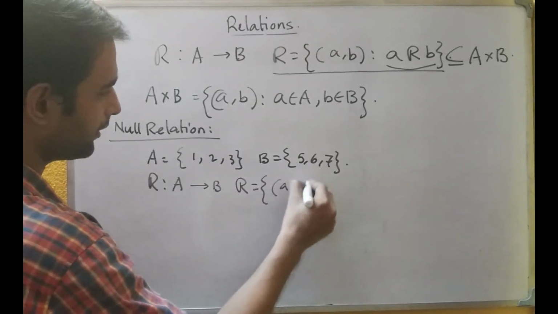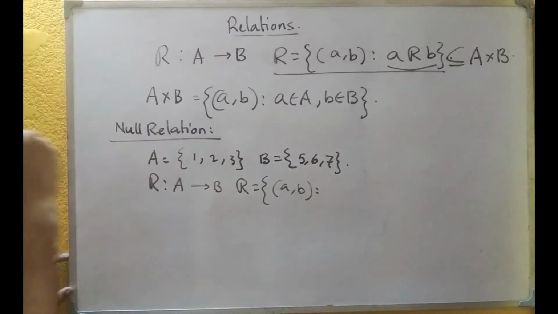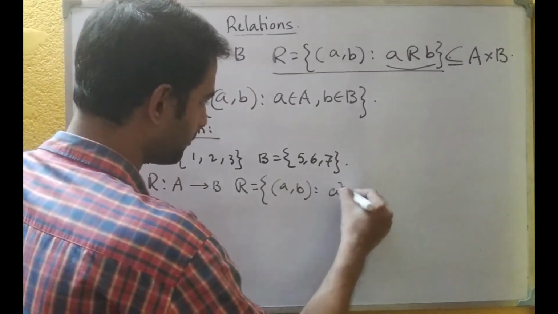This is the collection of all ordered pairs (a, b) where a square equals b.